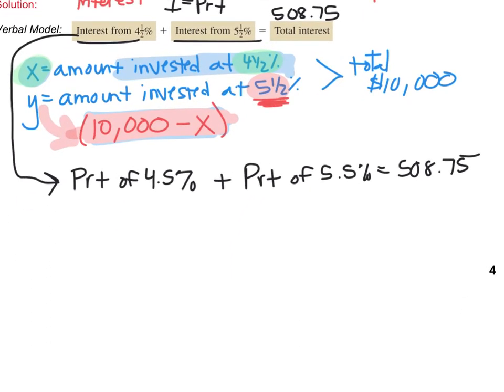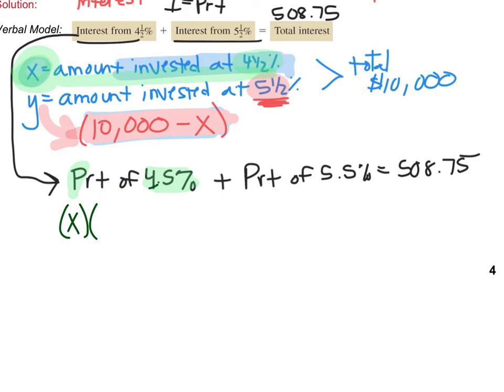So the principal of 4.5%, that is our X value up here. We said X was going to represent the amount invested at 4.5%. So our P value for 4.5%, we're going to use X. Our rate there is 4.5%, but remember, we need to convert that to a decimal when we use our equation.